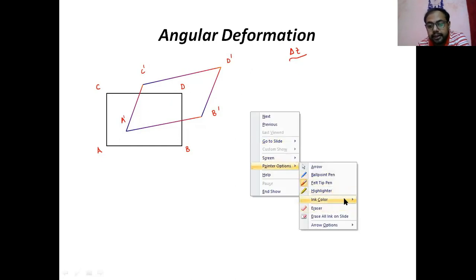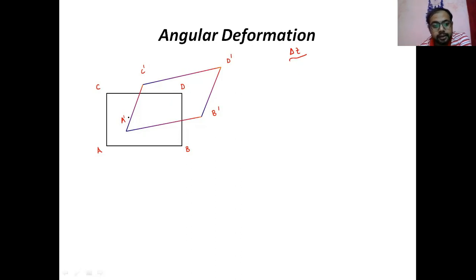Because here you see the angular change. Previously, the AC and AB, this part, were perpendicular to each other at t time.